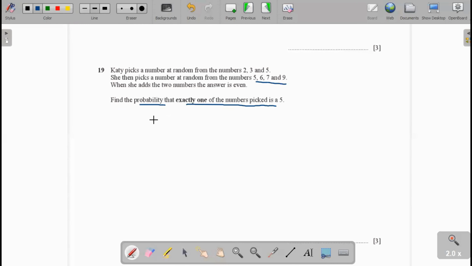Now you see here the numbers. She picks the number 2, 3, 5, and then she picks another number 5, 6, 7, and 9.